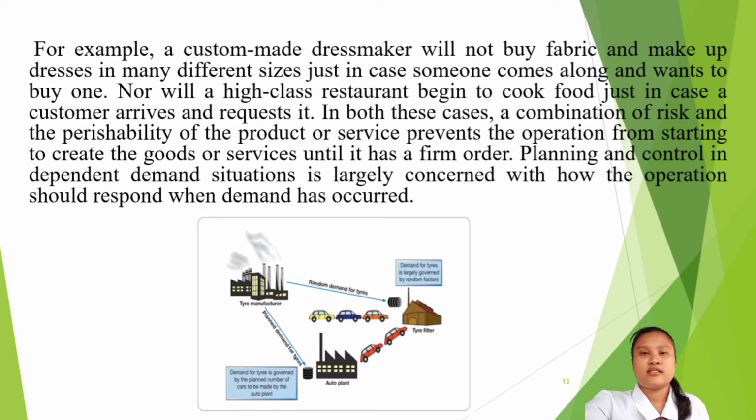In both these cases, a combination of risks and the perishability of the product or service prevent the operations from starting to create the goods or services until they have a firm order. Planning and control in dependent demand situations is largely concerned with how the operation should respond when demand has occurred.